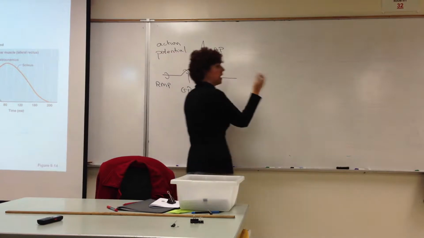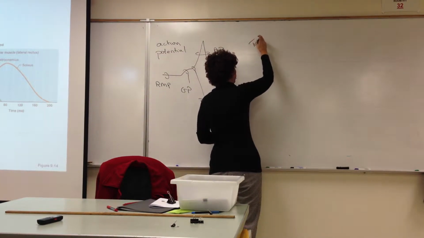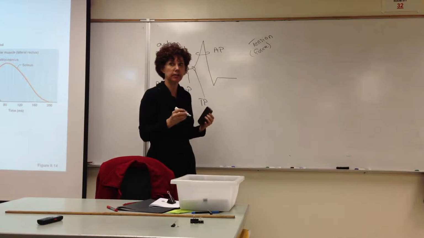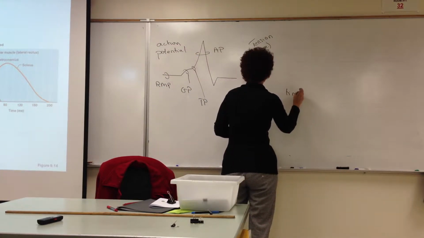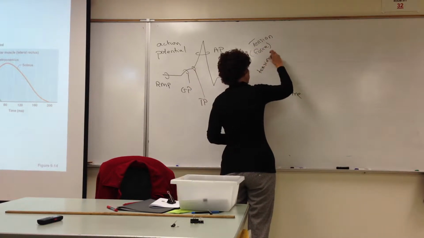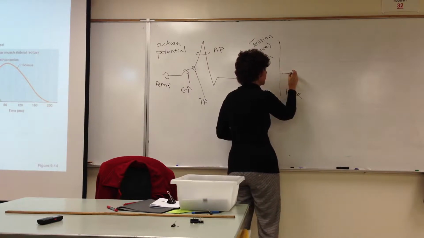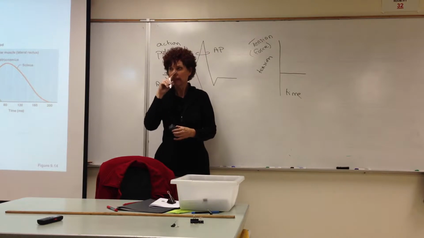Now we're not looking at the action potential, but at a graph of the tension or the force created by the muscle cell contracting. In this case, this would be time, and instead of current, this is going to be tension. So the muscle cell is not contracting.